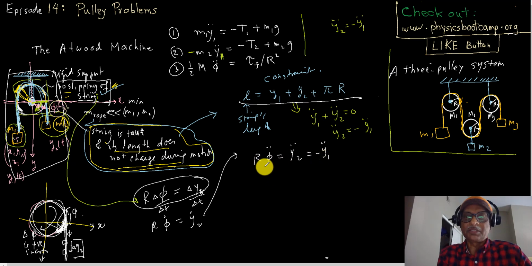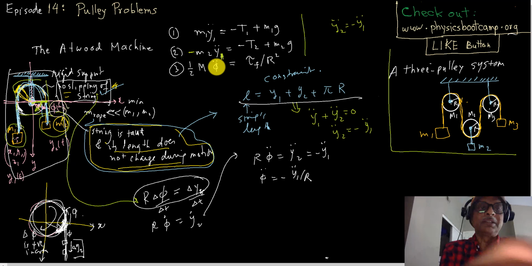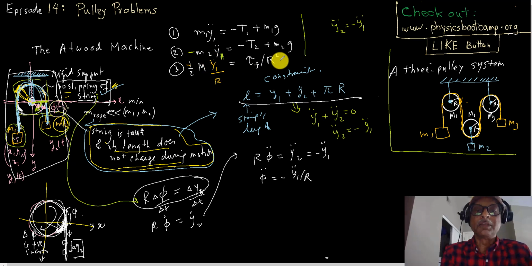So phi double dot equals minus y1 double dot over r. So we can get rid of this guy over here and put a minus sign, and y1 double dot over r, and one of these r's I can cancel out, so we just have one r left.